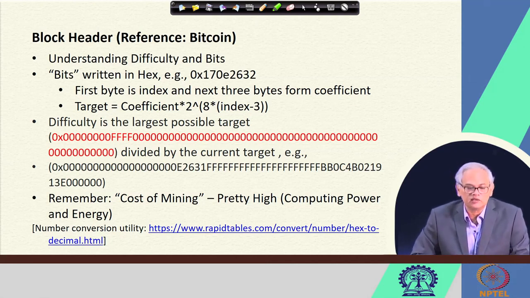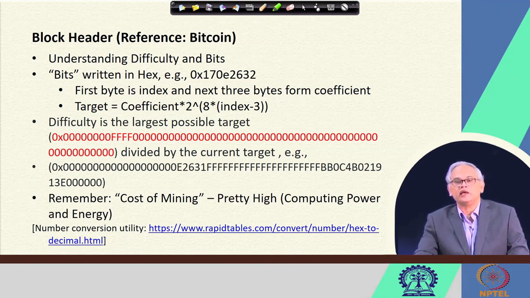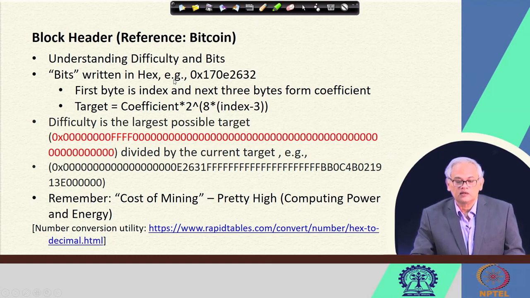Now, what does it mean in this particular example? As we said, the first byte is the index. So, the index then is 17 in hex, which is 23 in decimal, and then these other 3 bytes, 0E2632, tell us what the coefficient is.